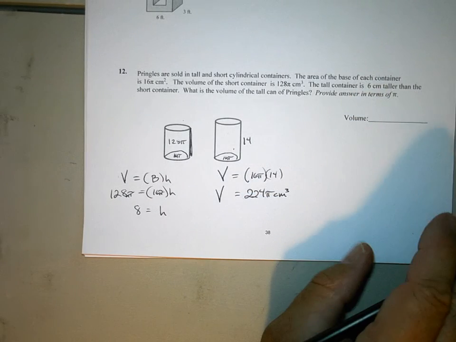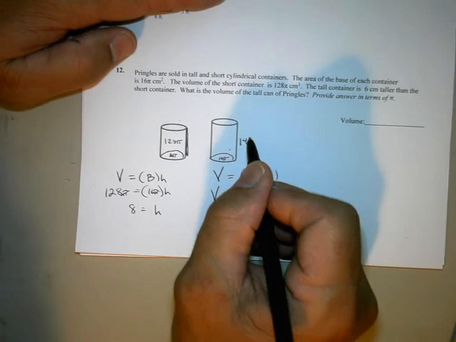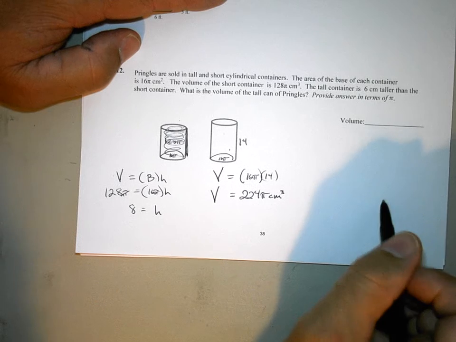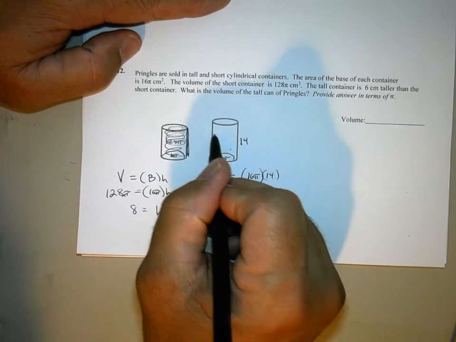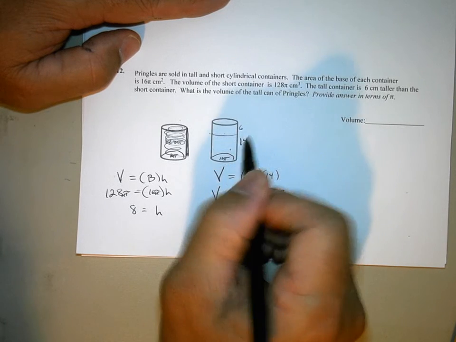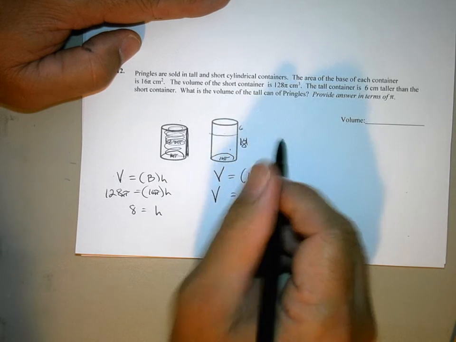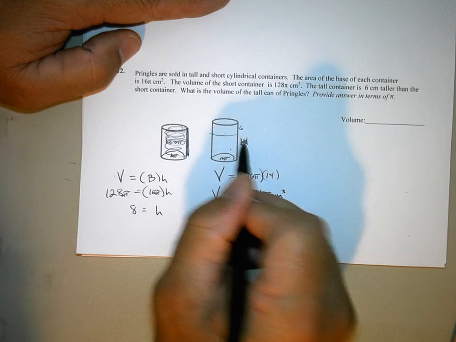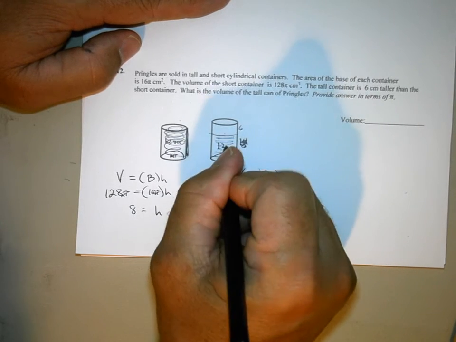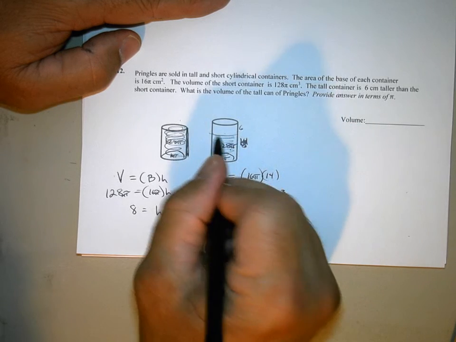Okay, now the other way of doing it is just realizing that this can has a volume of 128 pi, and this guy is 6 centimeters taller right there. But this much of it is 8. We didn't know that at the time. We really don't need to know it. We know that this much has a volume of 128 pi, and this guy is 6 bigger.